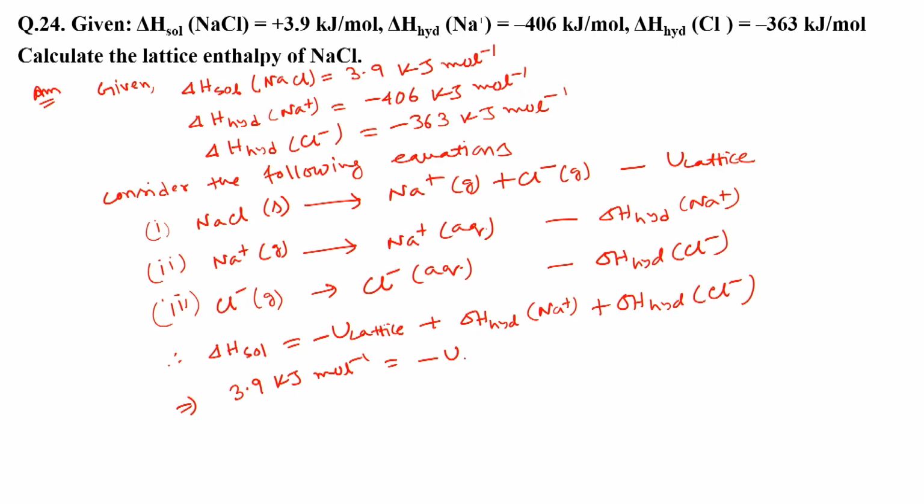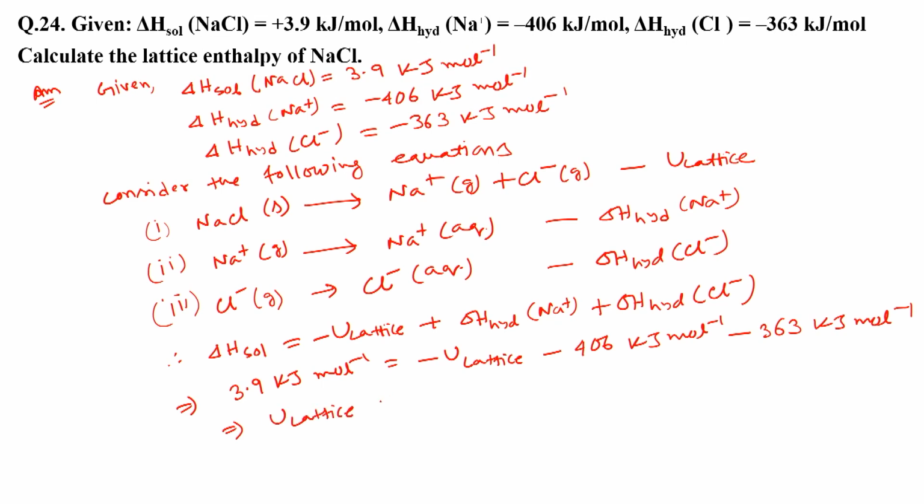So, U lattice we need to calculate. Delta H hydration is also given, hydration of Na+ is minus 406 kilojoule per mole, and delta H hydration of Cl- is also given, minus 363 kilojoule per mole. So, we get U lattice that we need to calculate.